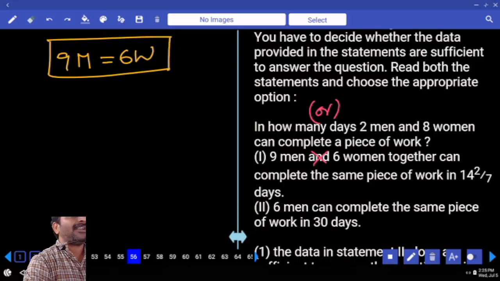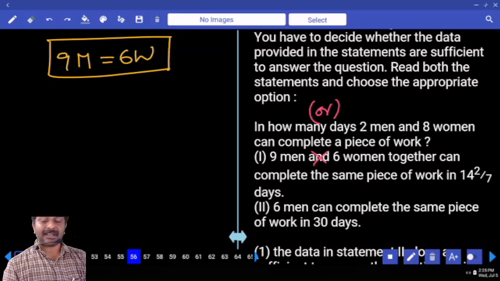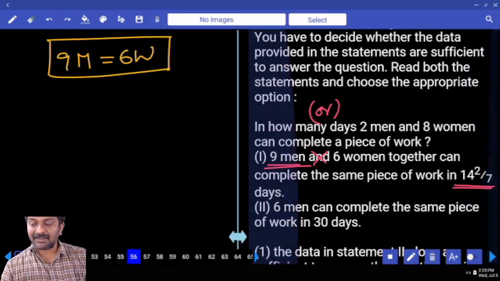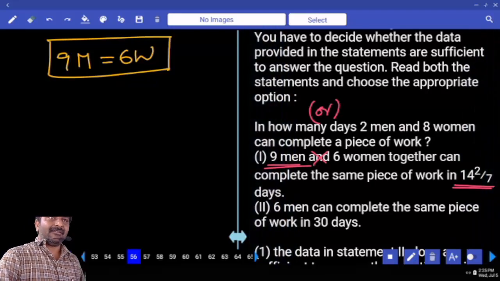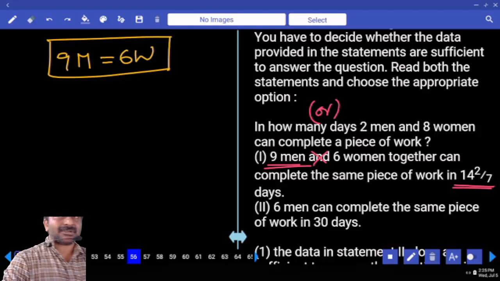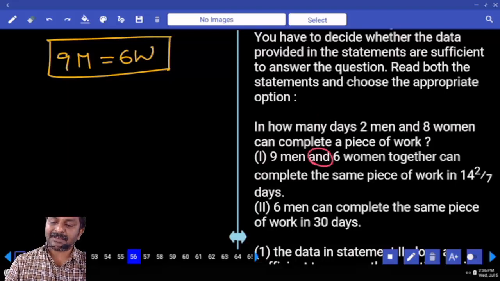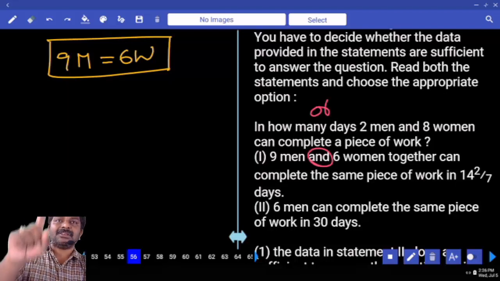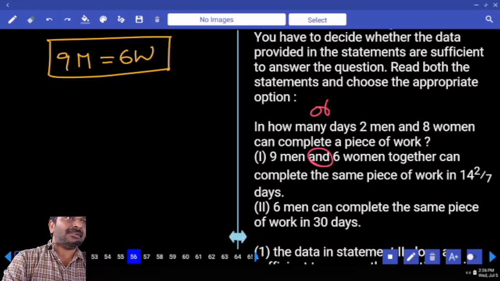That means we have the relation between men and women, and at the same time, according to this data, 9 men can complete the work in 14 2 by 7. We have information regarding total work also. Both informations are available. So using the first itself, we can answer the question. With a small change, in place of AND, if we have an OR condition, only one alone is sufficient to answer the question. Got it?